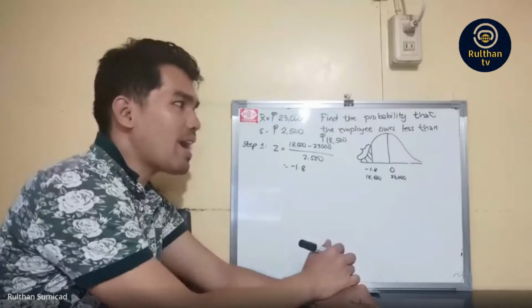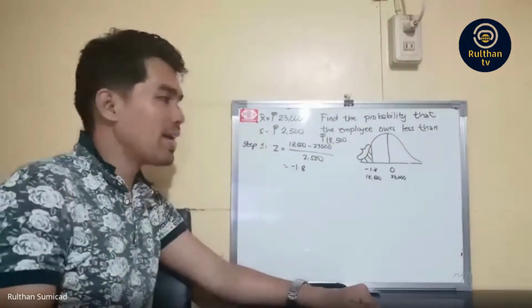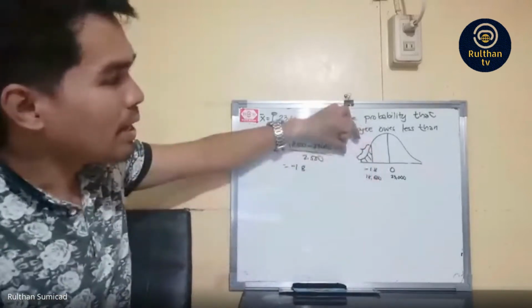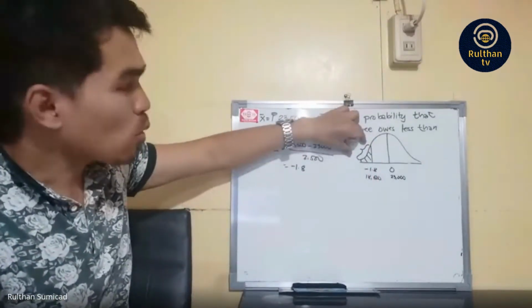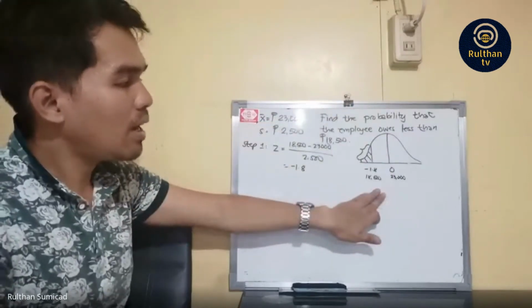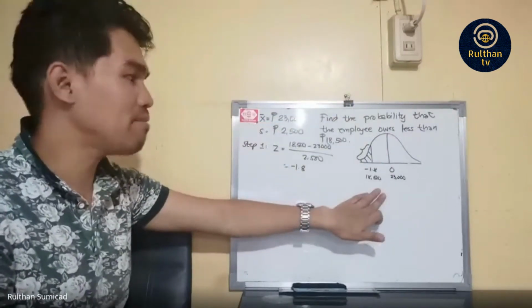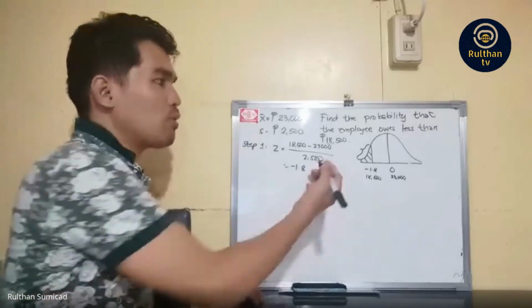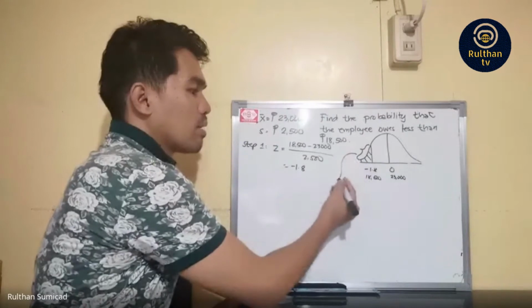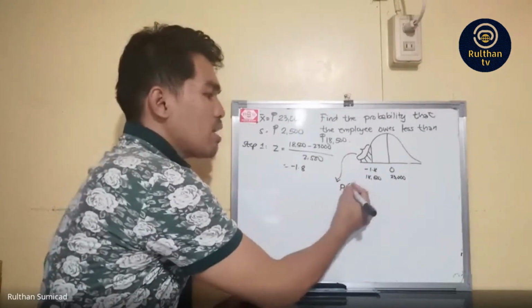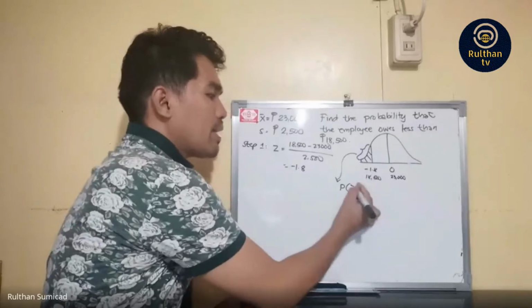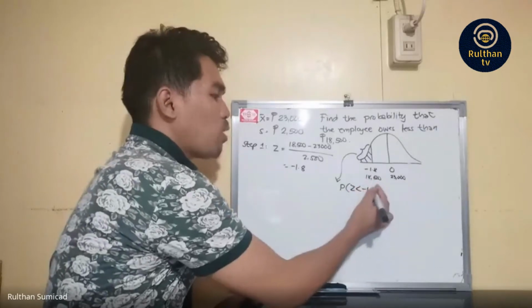So the chance that an employee's debt is less than 18,500, they are found in this area. All the employees found in this area have debts less than 18,500. So the question now is, how do we find this? Let's describe this probability here. That is P of a z-score less than negative 1.8.